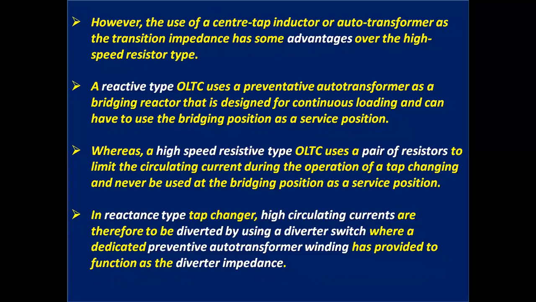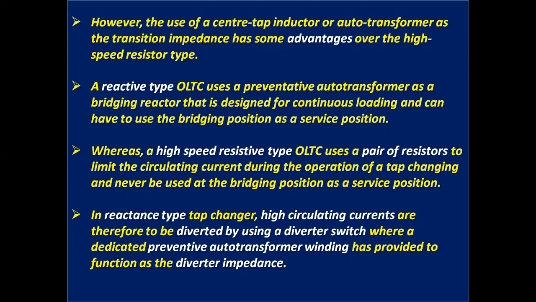However, the use of a center tap inductor or auto-transformer as the transition impedance has some advantages over the high-speed resistor type. A reactive type OLTC uses a preventive auto-transformer as a bridging reactor that is designed for continuous loading and can use the bridging position as a service position.